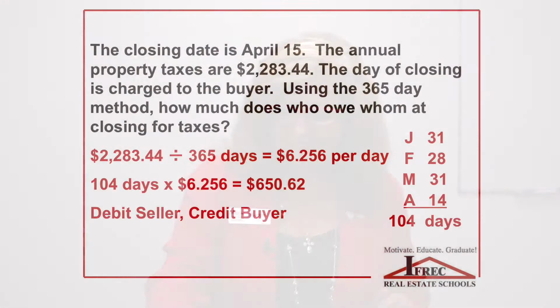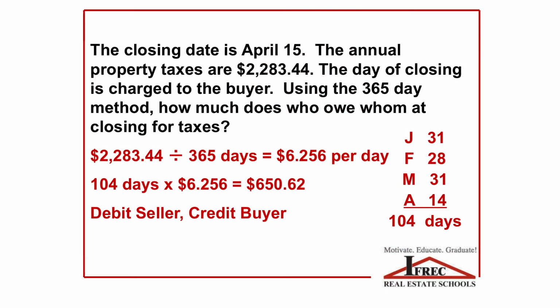So let's look at an example. A closing date is on April 15th. The annual property taxes are $2,283.44. The day of closing is charged to the buyer. Using the 365-day method, how much does who owe whom at closing for the taxes?